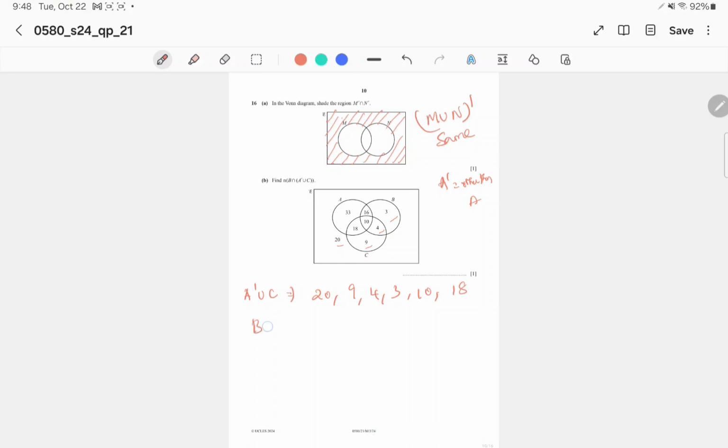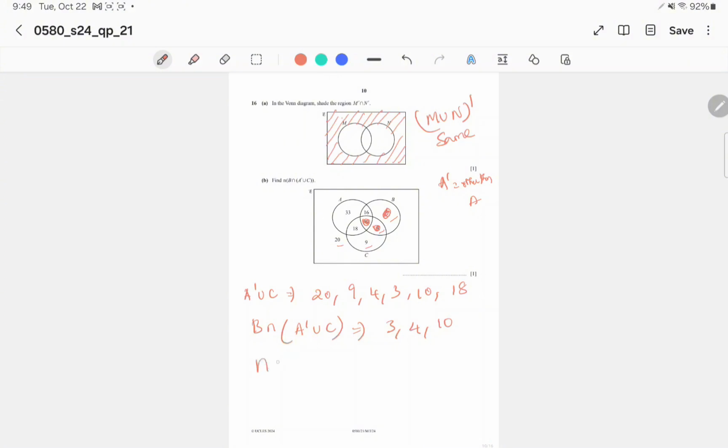Then for B intersection A complement union C, which is common part, we will say which are all common for B in the previous answer. So 3 is common, 4 is common, and 10 is common. So 3, 4, 10. This will be the common answers.